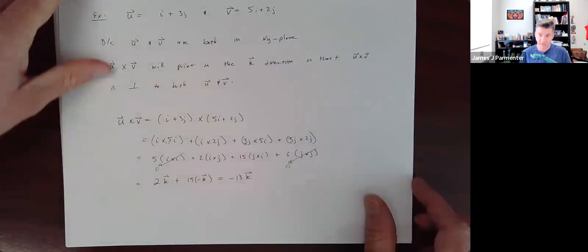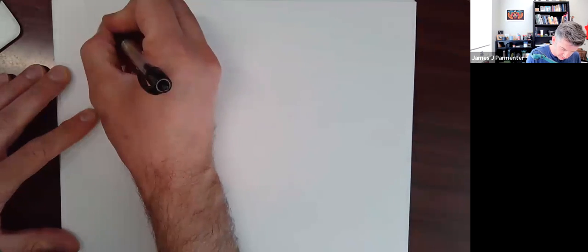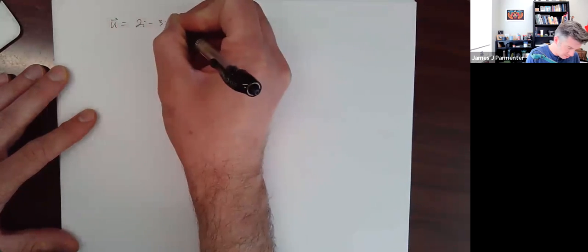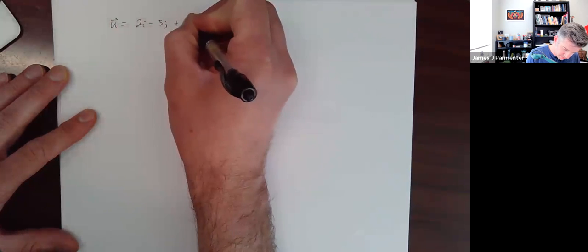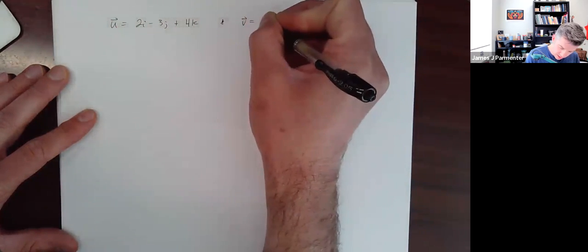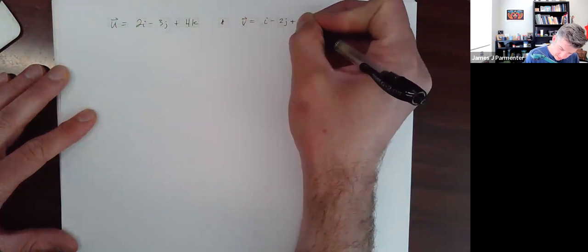It's annoying to do this for any vectors. Let me show you another example, and then we'll talk about how it can be less terrible. So let's say our vectors were u is 2i minus 3j plus 4k, and v is i minus 2j plus k.